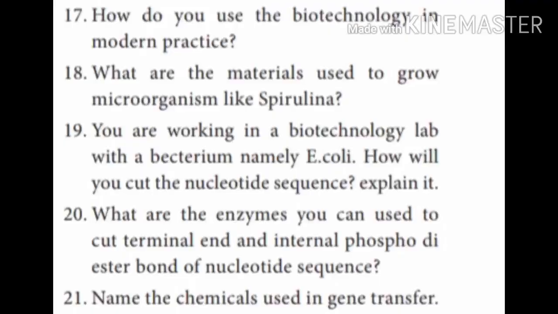Come on, children. Let's start with our first question, that is question number 17. How do you use biotechnology in modern practice? So this comes under the very first topic, just top of 4.1, table 4.1, you got the modern techniques.